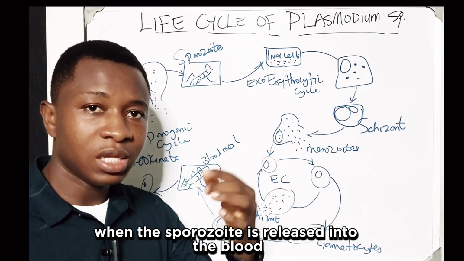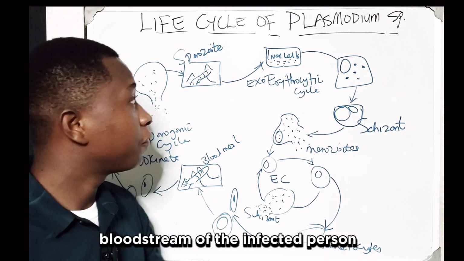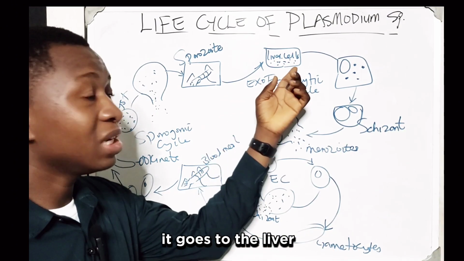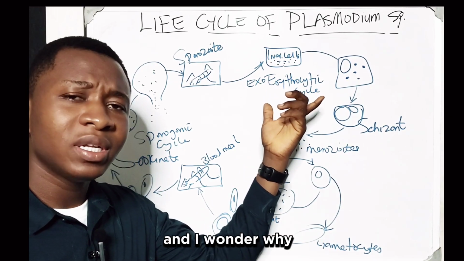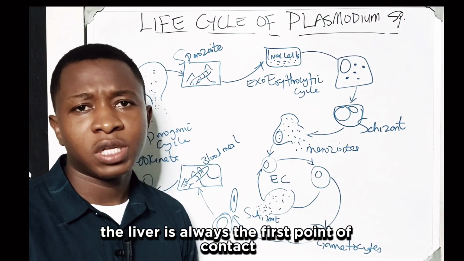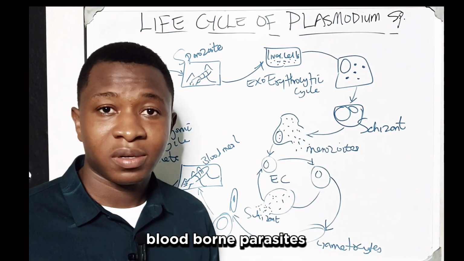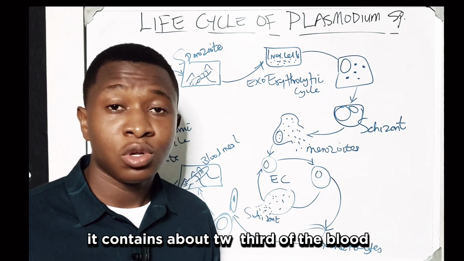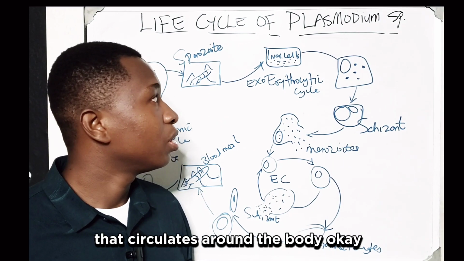When the sporozoite is released into the bloodstream of the infected person, it goes to the liver. The liver is the first point of contact, and I wonder why the liver is always the first point of contact for bloodborne parasites. Maybe it's because it contains about two-thirds of the blood that circulates around the body.